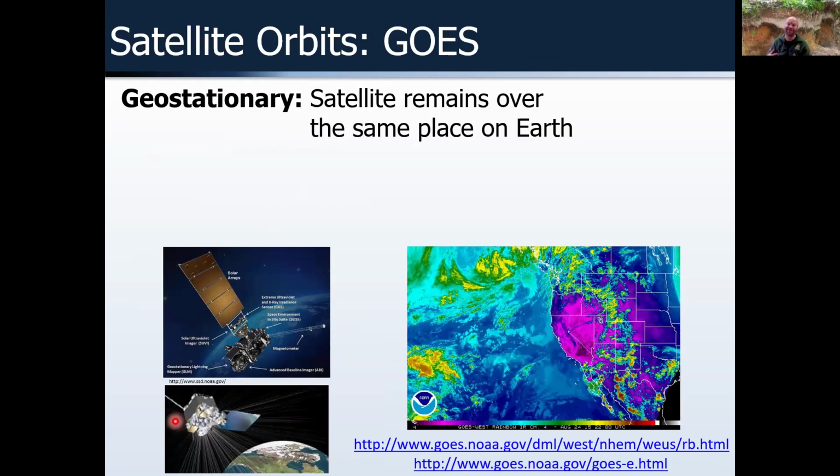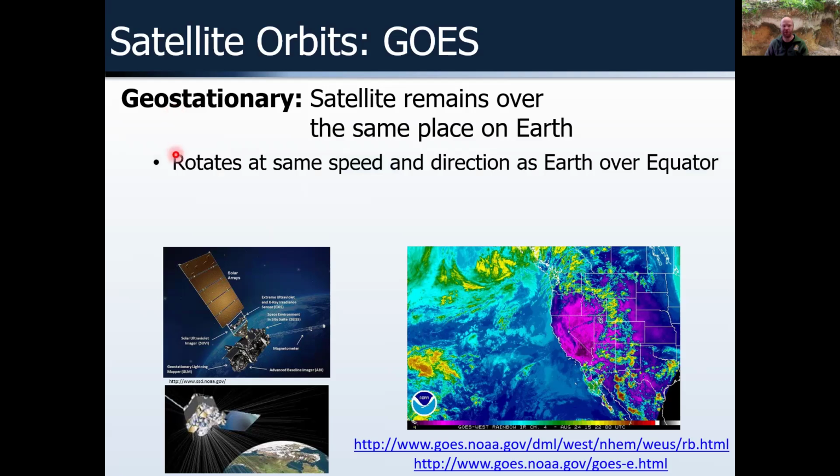So now we're going to compare sun-synchronous orbits to what is a geostationary satellite. So these are two very different types of satellites. A geostationary satellite remains in the same place over Earth's equator at all times. It literally rotates above the equator with Earth, and so it's always fixed at that one location.